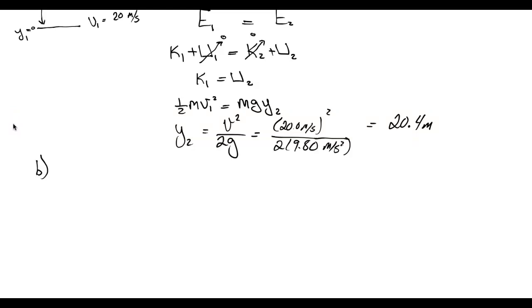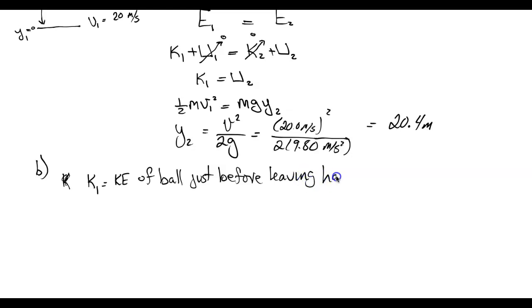So we need to find the work done by this other force, and we can say that we know just before leaving our hand, let's call that K1, which is kinetic energy of ball just before leaving hand. That will equal 0.